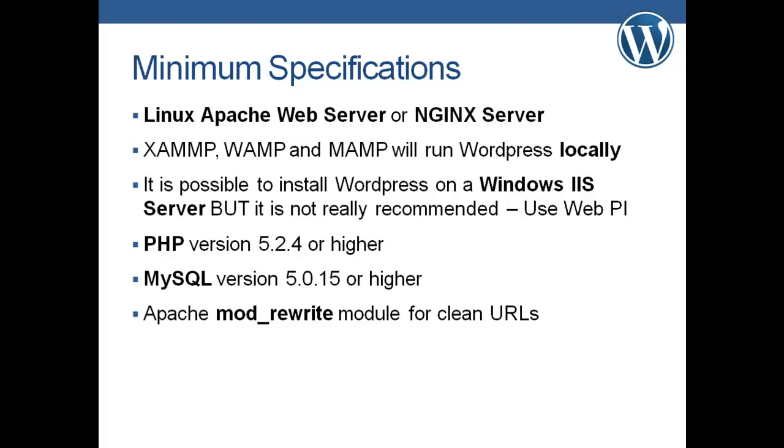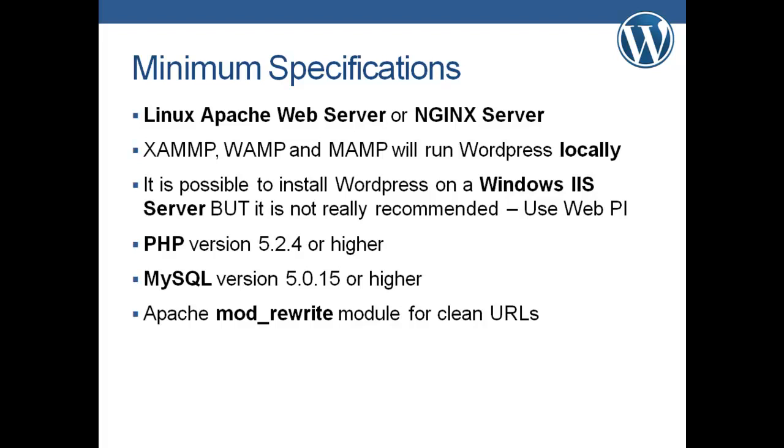Most of the big hosting companies like GoDaddy, HostGator, Bluehost, JustHost, they're all Linux servers, unless you specifically ask for a Windows server. But all the big companies usually use Linux. It's just better all around for open source applications.